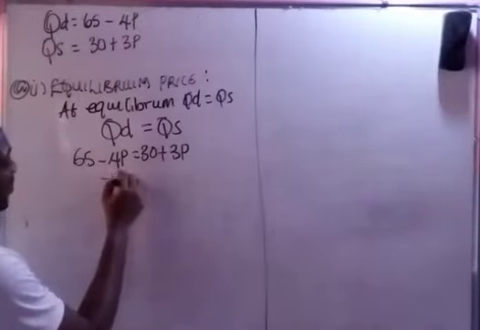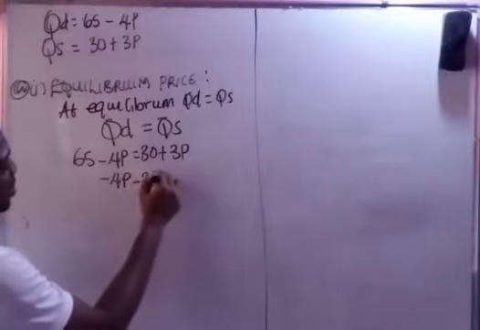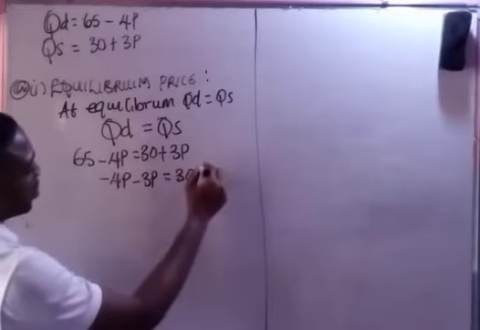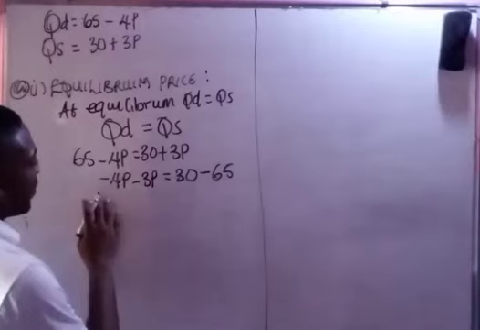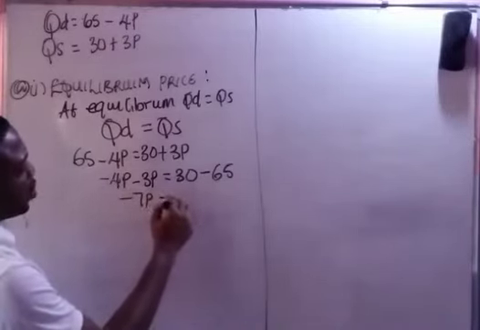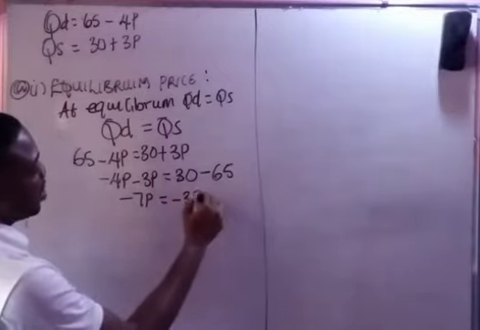So we have minus 4P here. Now this crosses over, so minus 3P equal, this is 30 here. Now this crosses over, so minus 65. Okay, so minus 4P minus 3P will give us minus 7P equal. Now 30 minus 65 will give us minus 35.